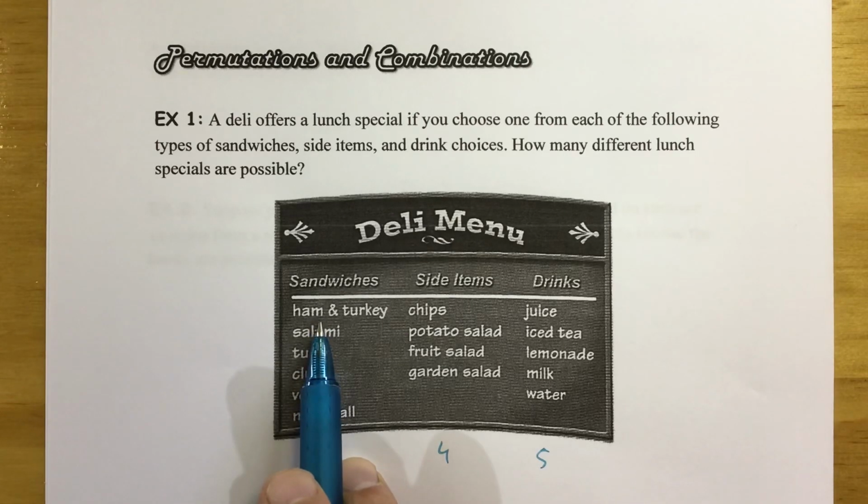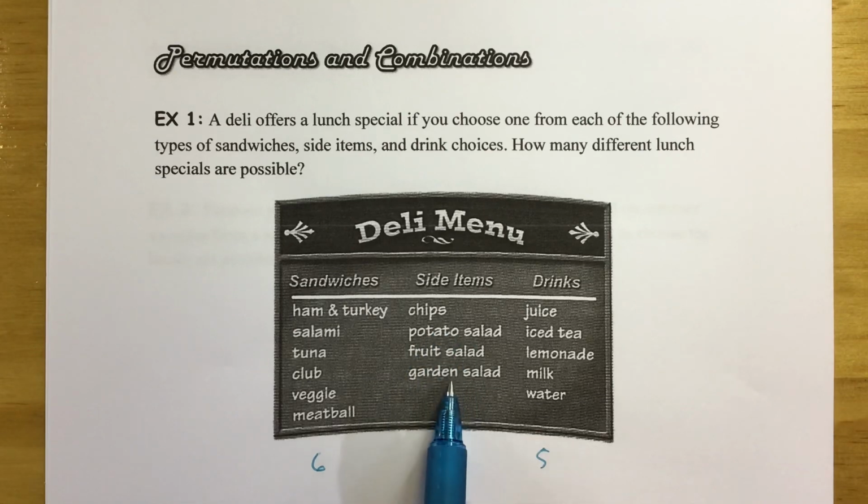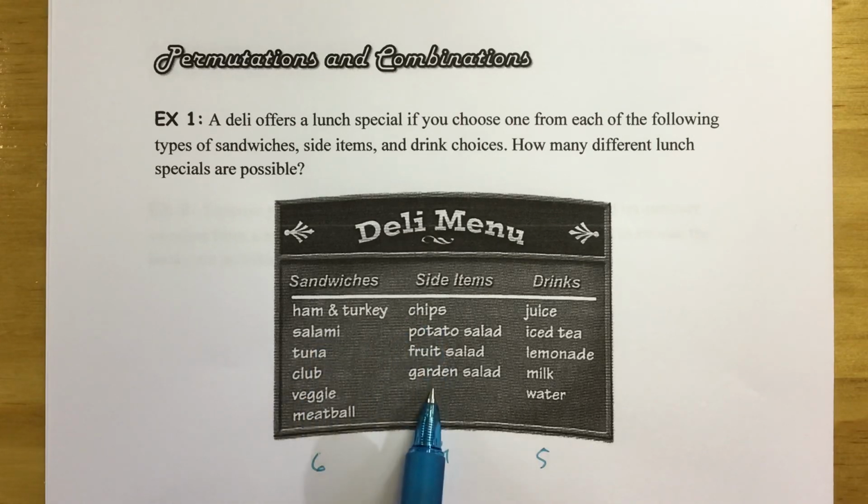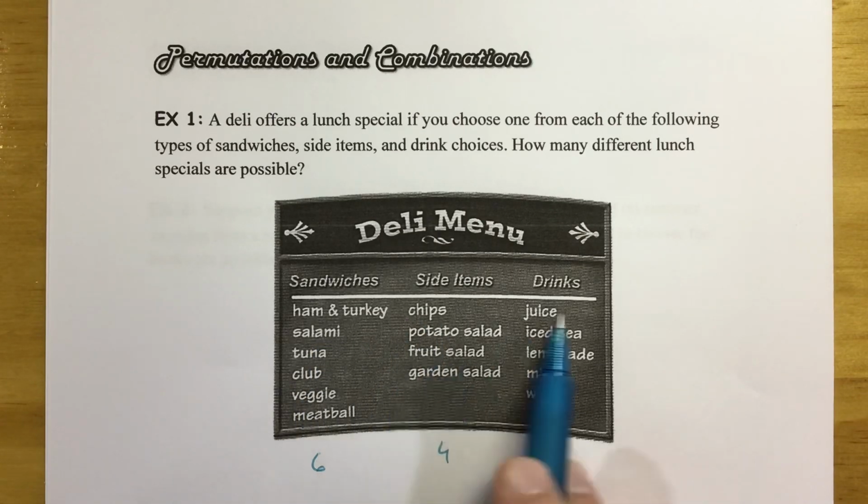If I start with the ham and turkey sandwich, I can choose 4 different side items to go with that. If I start with the salami sandwich, I could choose 4 different items to go with that one. Then I can choose 5 drinks after each one of those combinations. See if you can figure out what the total number of combinations is that we have available.